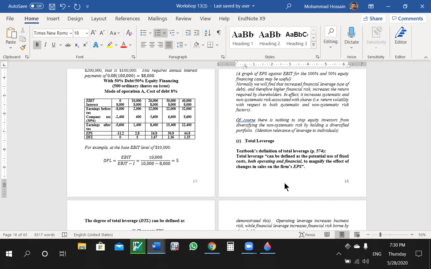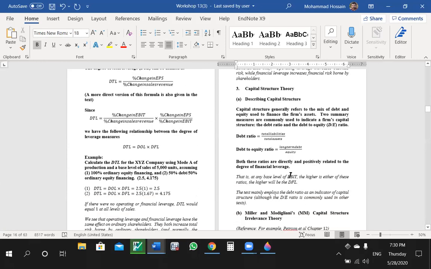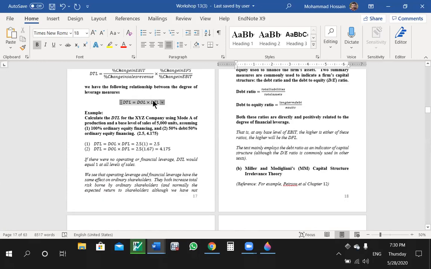Okay, these two. So here it is, DTL equals DOL into DFL.